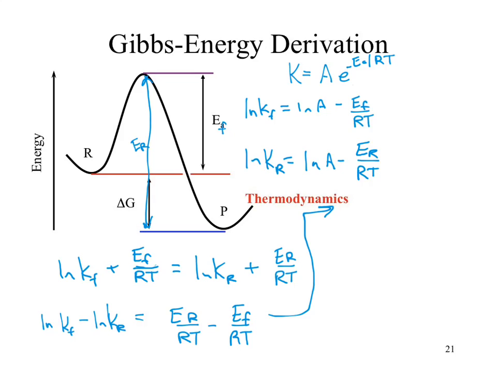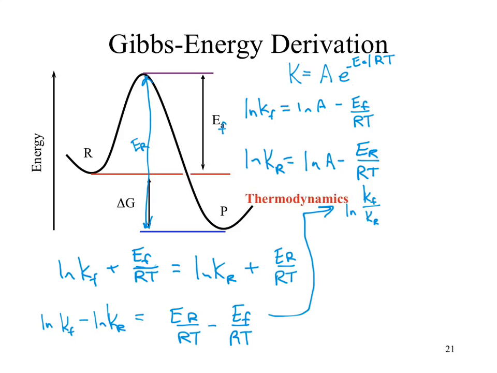Okay. Now what can we do? Is there an expression that we can do to simplify our left-hand side? Anybody remember those natural log simplifications? What can we get? The ln of k forward over k reverse.